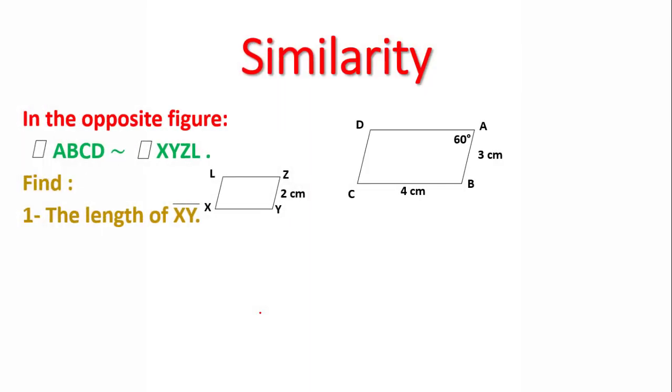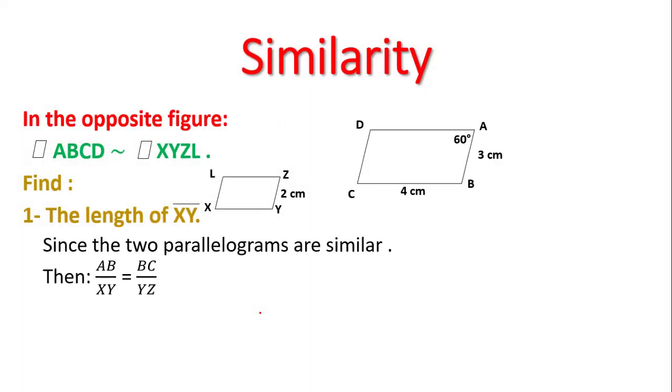Now I want to write the proportional sides. Here, for example, we have the length of ZY, so CD. I write the proportion again from the beginning.